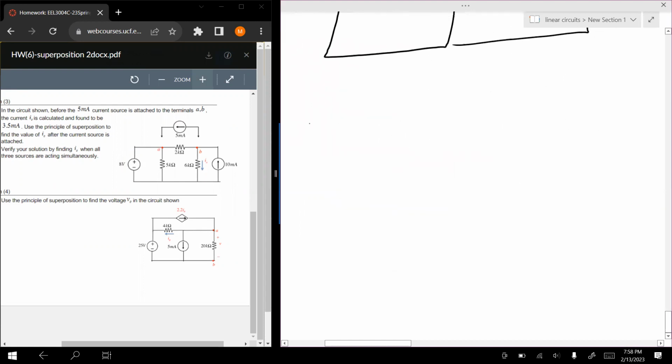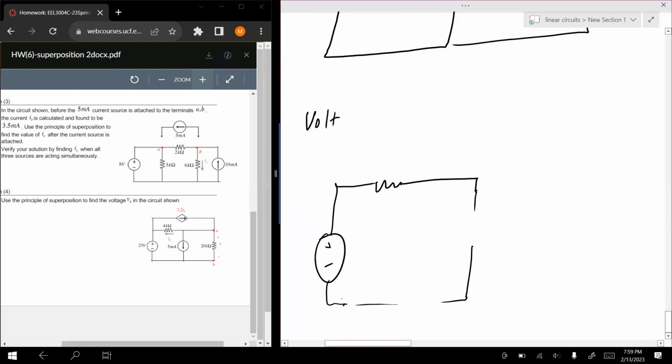So we're going to do the voltage version here. So let's just start drawing it out. Plus minus, resistor. This is going to be open circuit here. Okay, there we go.